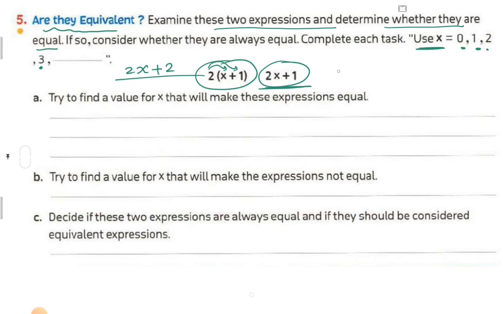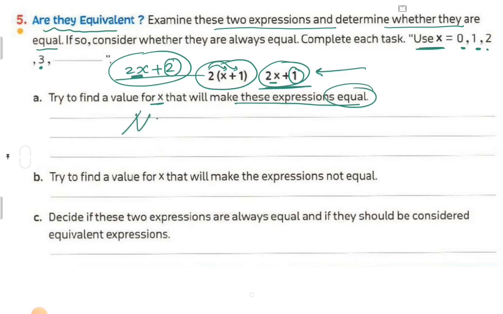Now look here and here. 2x and 2x are okay, but here plus 1 and plus 2. From the first look I can say that they are not equal to each other, so they are not equivalent to each other.